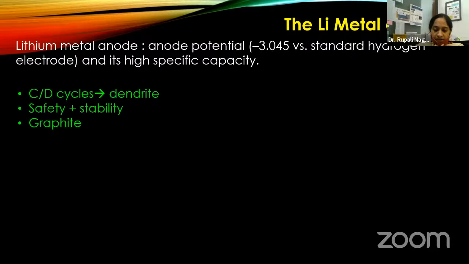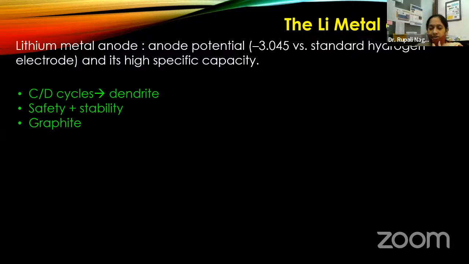In one of my previous slides, I showed you the separator. The job of the separator is to physically keep the electrodes separate. Apart from that, the main function it follows is that it should allow the flow of ions, but not that of electrons. Now, these dendrites are very thin needle-like structures which keep growing. And when they grow, they are capable of piercing the separator.